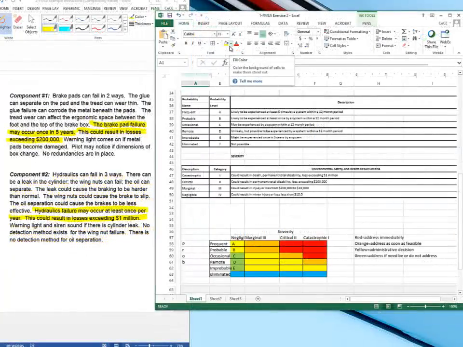All right, let's look at the 2 risk values and see if we can figure out what they are. You can see on the screen our risk matrix, and then the description of the particular values that we assign to each of the situations. So for component 1, the brake pad failure may occur once in 5 years.